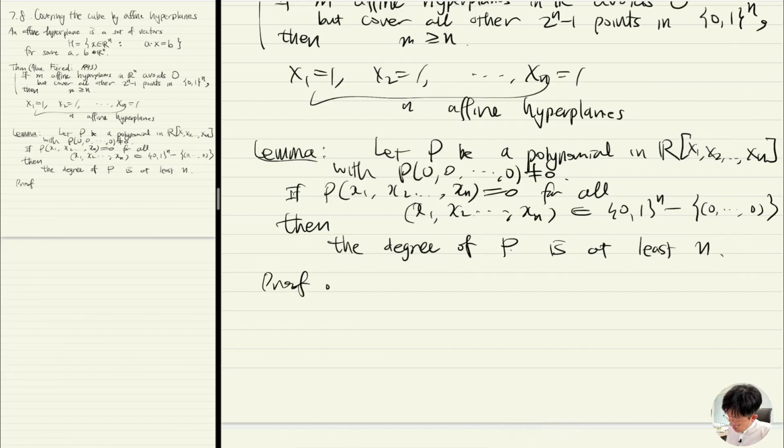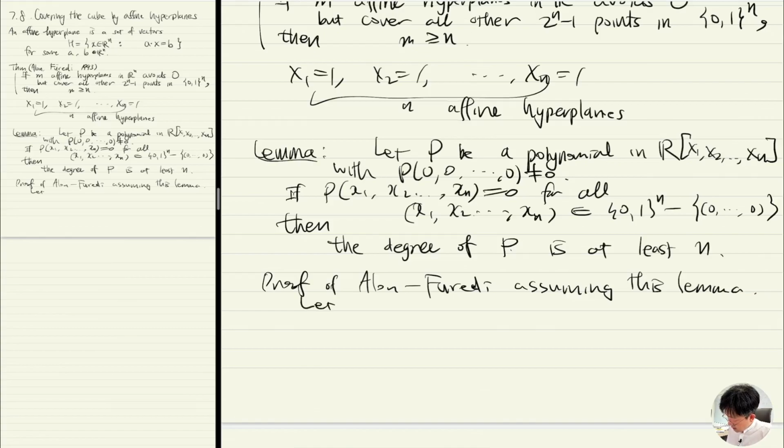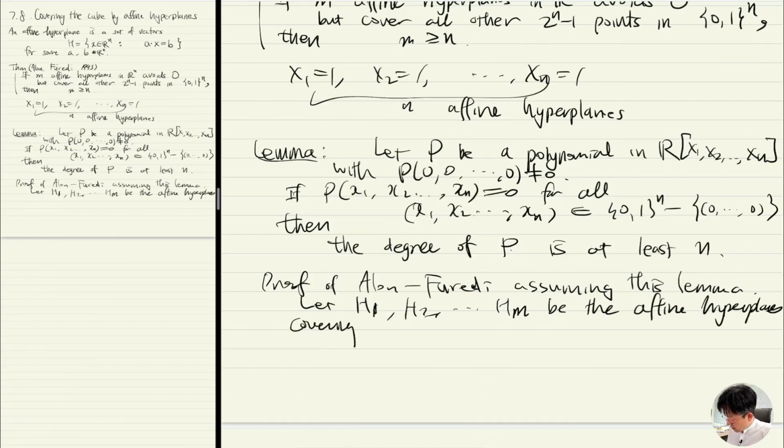Proof of Alon-Brady assuming this lemma. Let H1, H2, ..., Hm be the affine hyperplanes covering all of them except the origin.